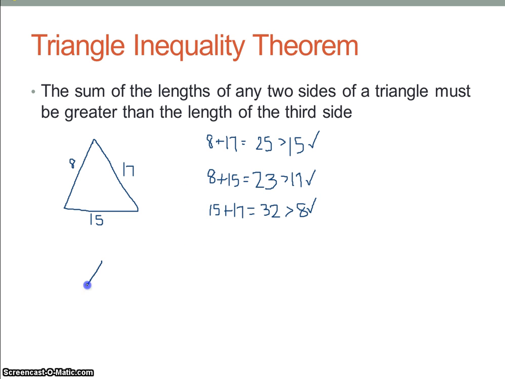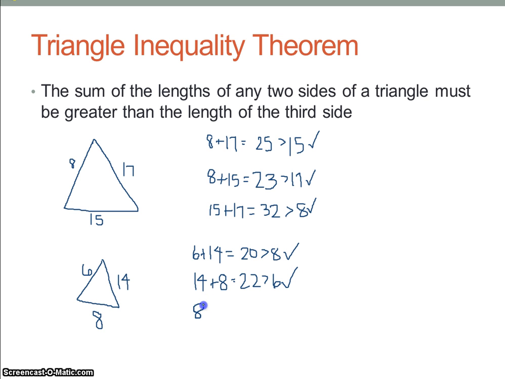Another example, we could look at a triangle with sides 6, 8, and 14. So 6 plus 14 gives us 20, and 20 is greater than 8. 14 plus 8 gives us 22, and 22 is greater than 6.